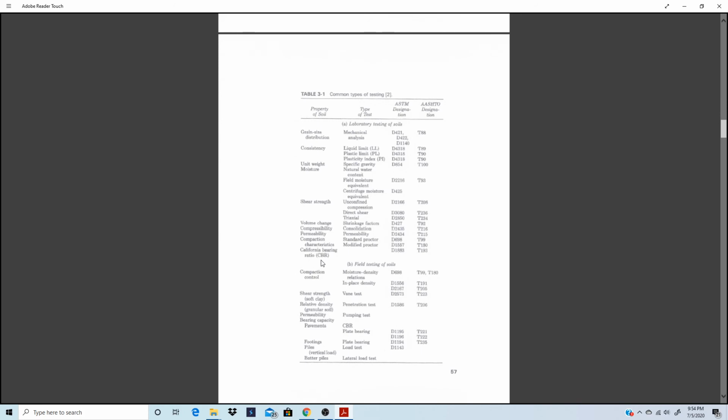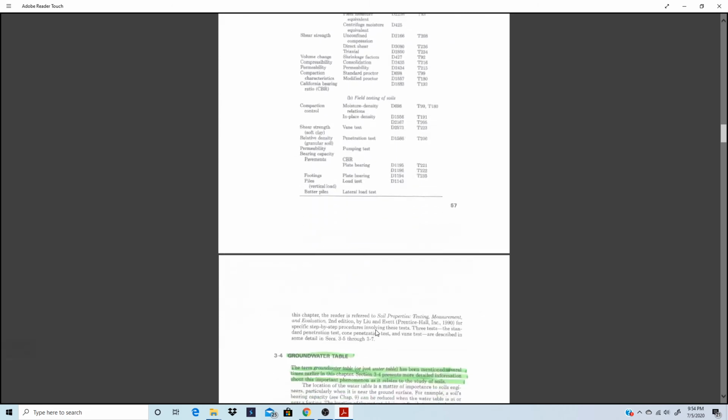We're going to be getting into compaction. Hopefully, if I can get through this chapter pretty quick, then we can maybe do some compaction in lab, and then maybe get to some other stuff outside, like a sand cone test.